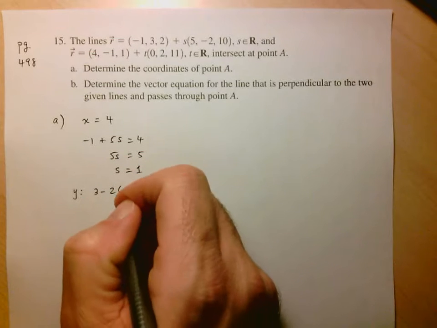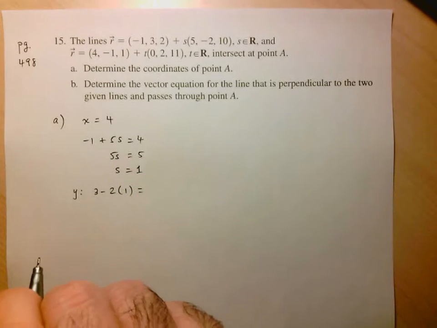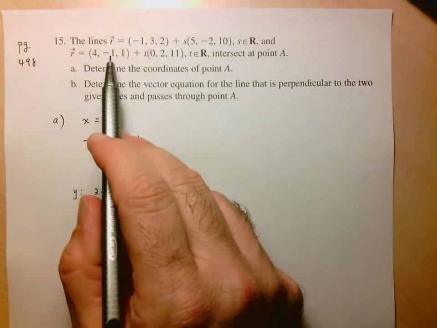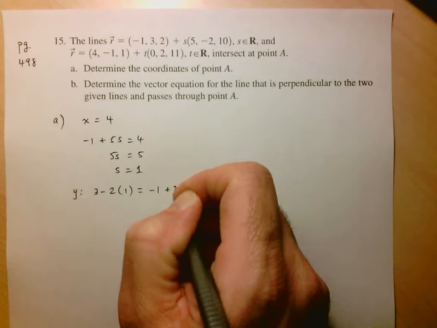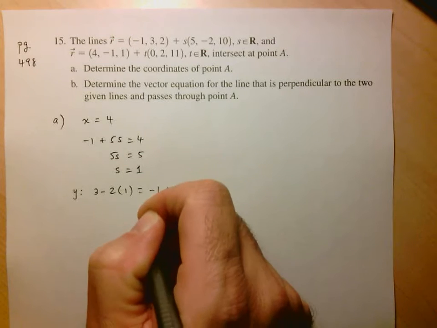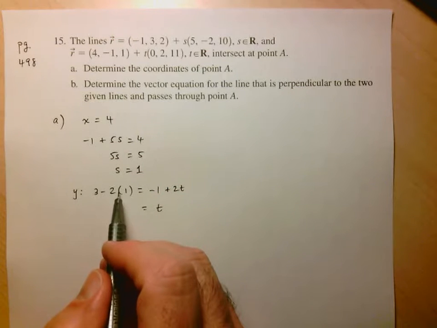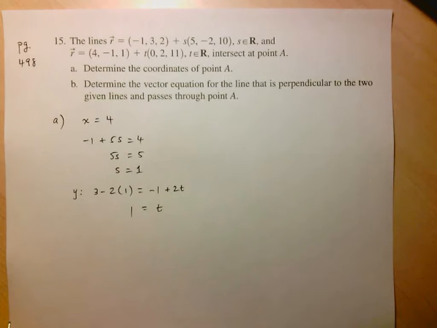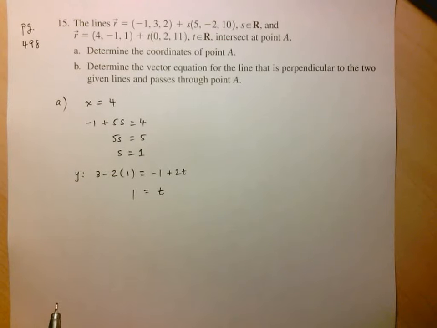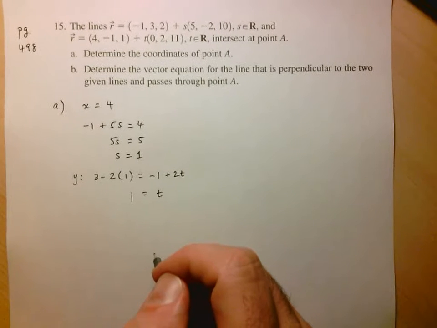Now we know s is equal to 1, so I'll replace that right away. And the y value here is going to be -1 plus 2t. So here we can solve for t. We've got 3 minus 2 is 1, plus 1 is 2, divided by 2 is 1. So s and t both equal 1, so easy solutions there.